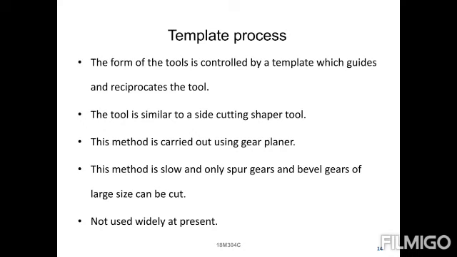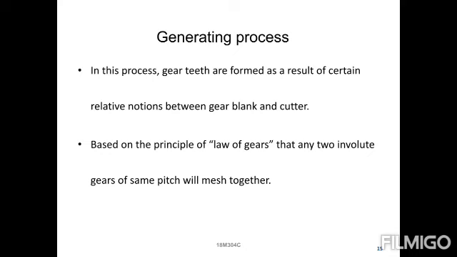Small sizes up to large sizes of gears can also be produced with the help of a template. It is not widely used at present, because we need one more already manufactured gear, so it is not used regularly. Next is the generating method. In this process, gear teeth are formed as a result of certain relative motions between the gear blank and the cutter.